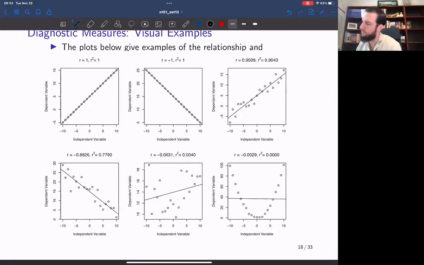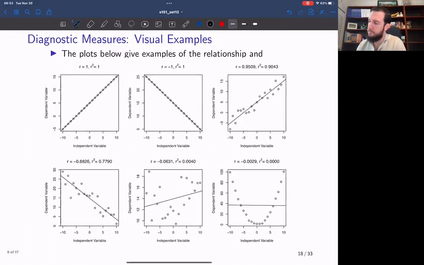Okay, so again, the first two plots indicate perfect fits. So you can see here, this is when R is equal to 1 and R squared is equal to 1, or R is equal to -1, but R squared is still equal to 1. So the first two plots indicate examples of perfect fits. And this is a situation where every single point falls exactly on the line.